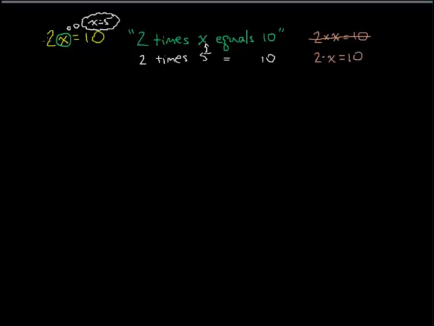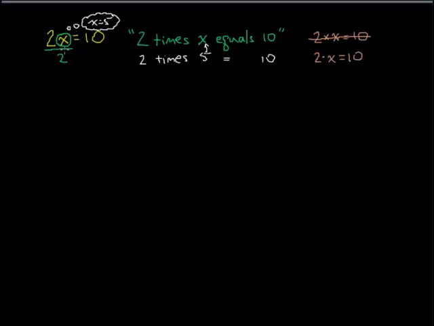So we think, okay, 2 times x. If I want to undo or cancel out multiplying by 2, then I want to divide by 2, so that we have 2 times x divided by 2. The 2's cancel out and leave us with x all by itself.